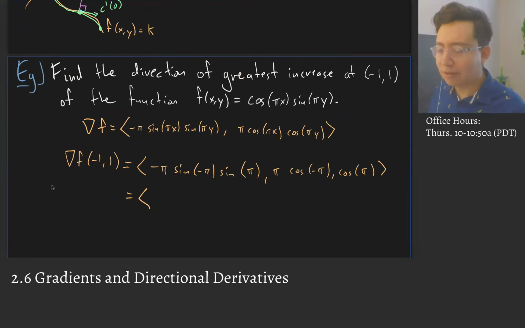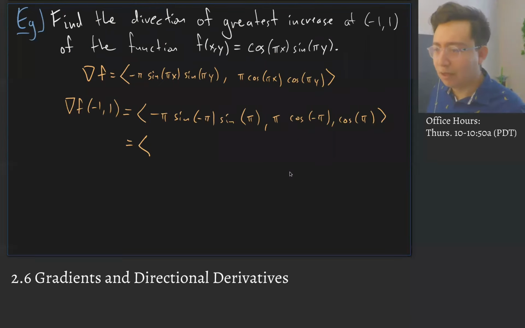Zero, there you go. So sine of pi is 0. And now cosine, cosine of pi is different.